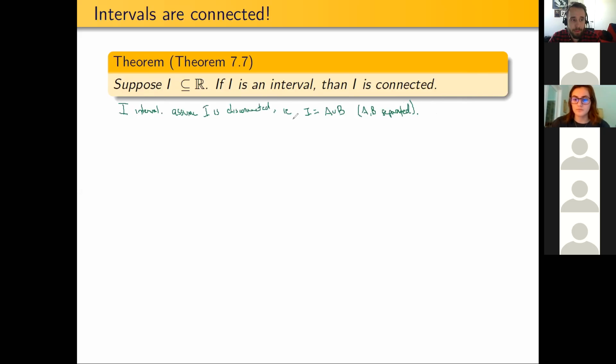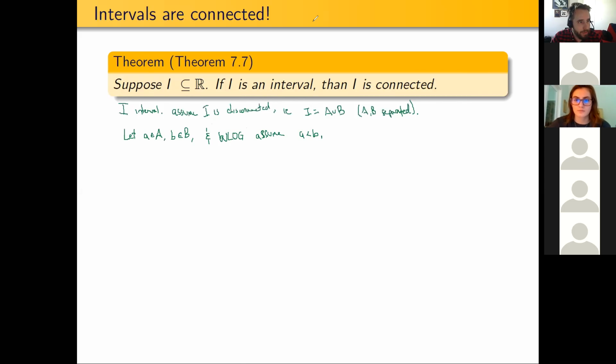Because these sets are non-empty, I know that there exist elements in each of them. So I'm going to say let little a be an element of big A, and let little b be an element of big B. And without loss of generality, I'm just going to assume that a is less than b, just to give me a sense of order here.